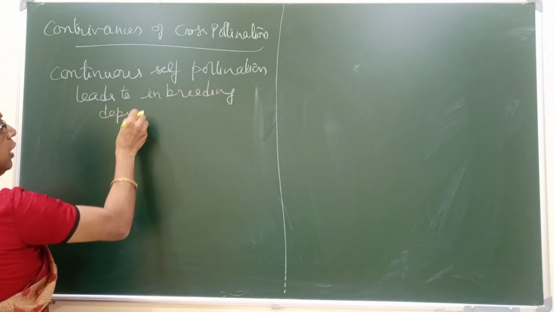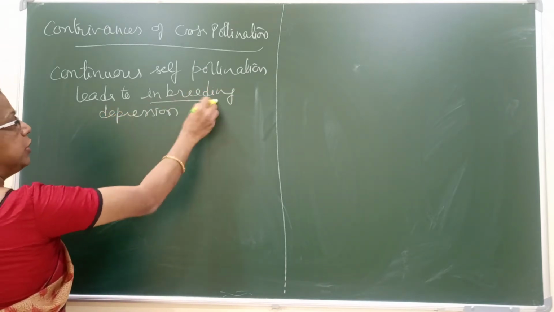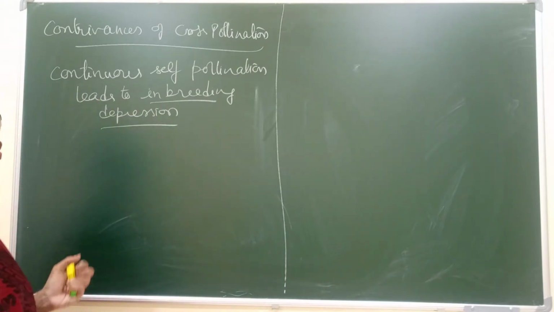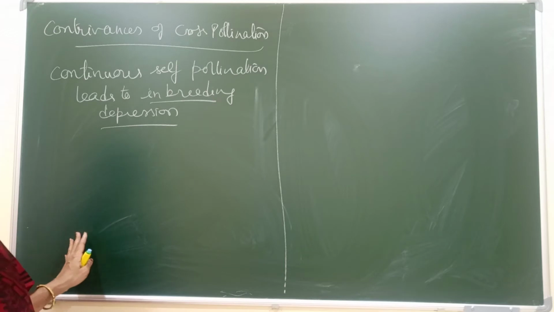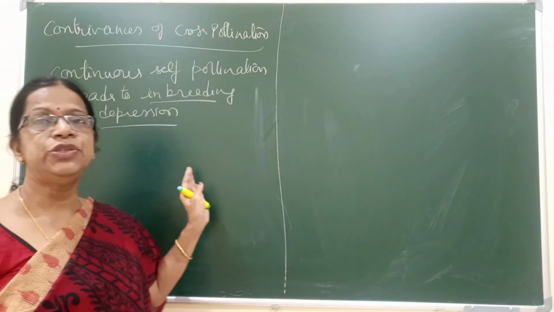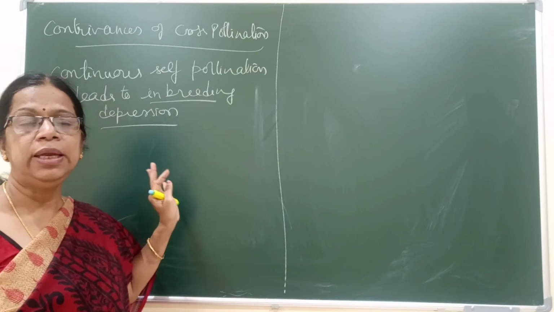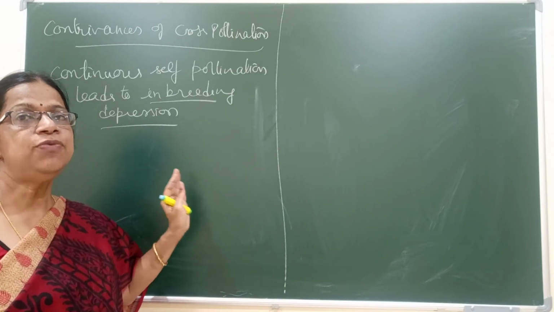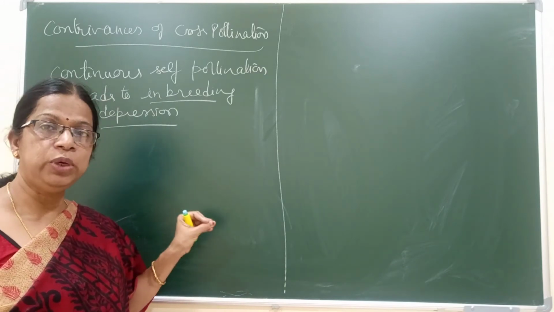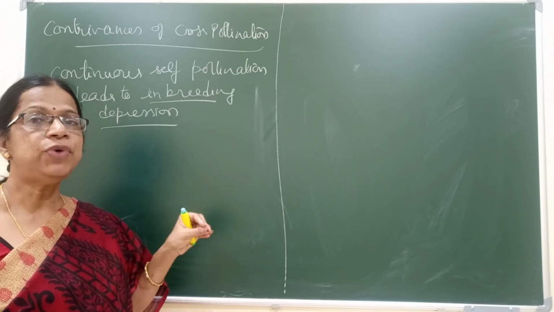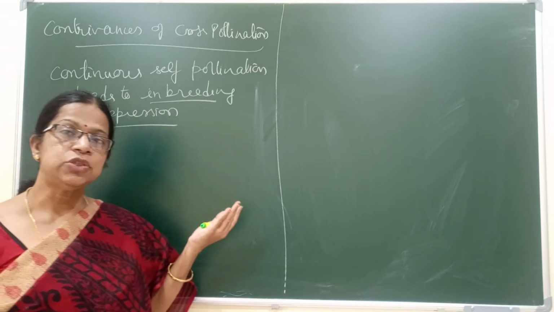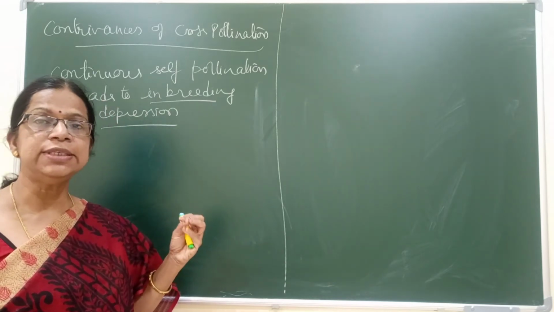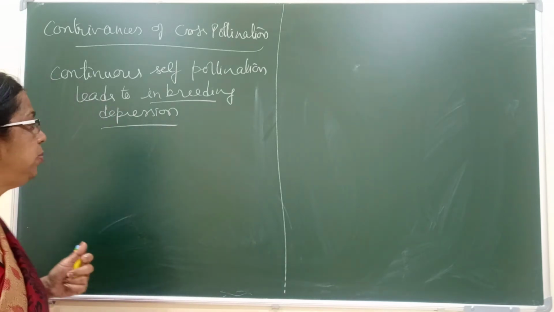Inbreeding depression is the loss of useful or superior characters. So let us see the different adaptations seen in plants.